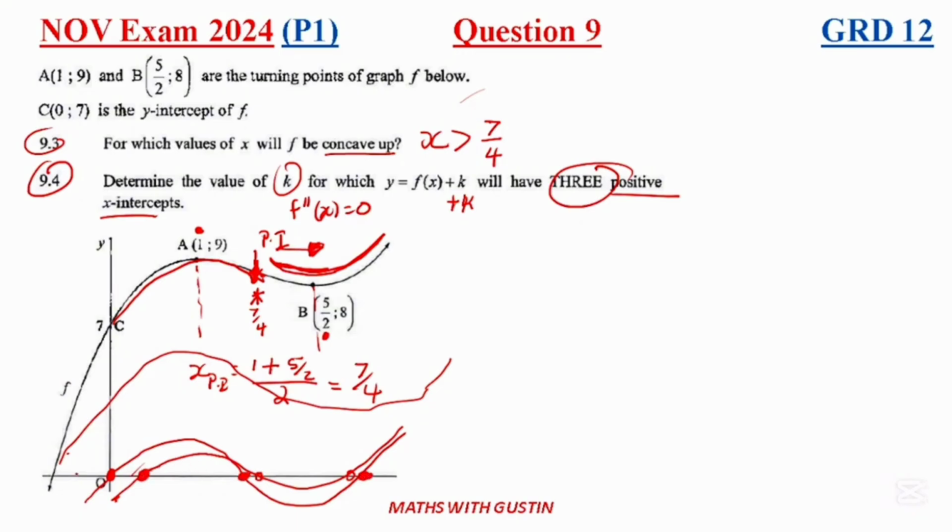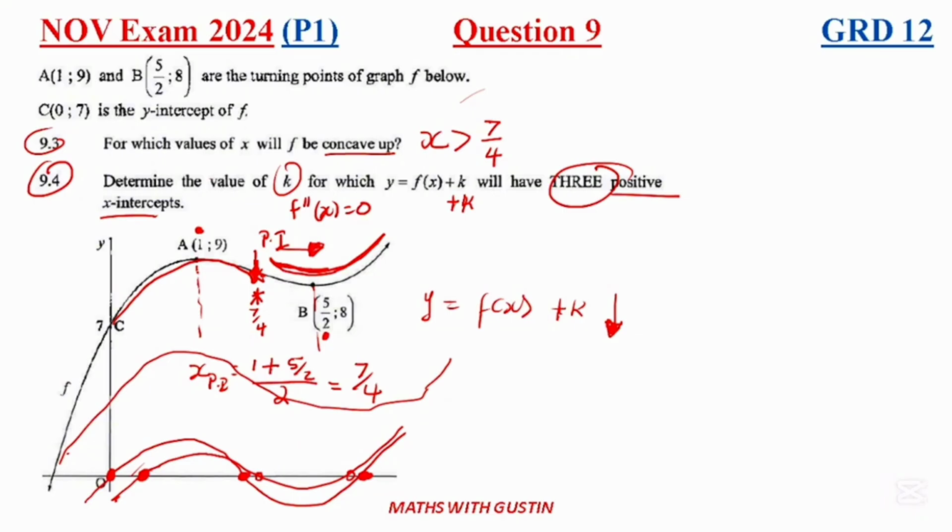So now what would you do in this case, guys, to make sure that you get this value here? Okay, so if you are here, you would move it by a certain value. We're going to say y is equal to f of x plus k. We are moving it down, so this downwards movement, it's affecting what? It's only affecting the y values.